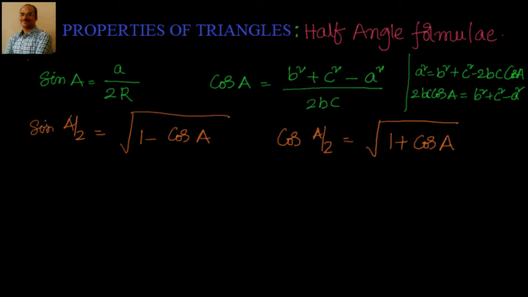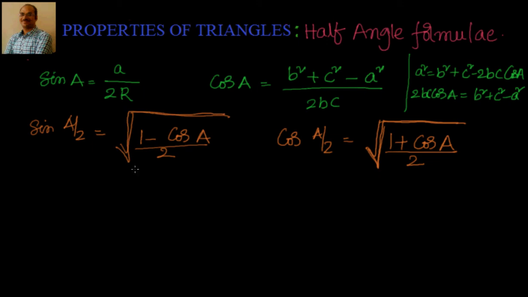You have 2 sine square A by 2 equal to 1 minus cos A. So it is 1 minus cos A by 2 in root. This is whole root because 2 cos square A by 2 equal to 1 plus cos A. Similarly here, this whole root.